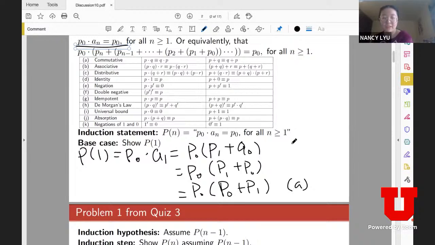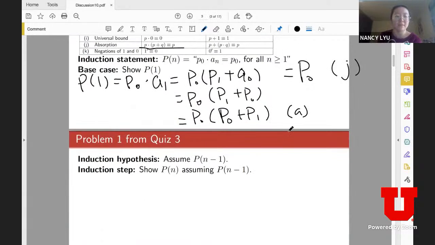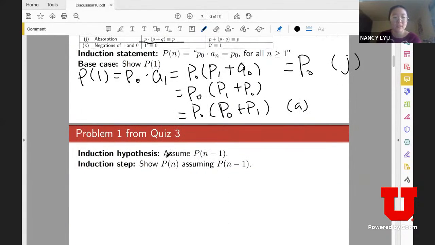And then I'm going to use absorption, which just gives us P0. Here's the absorption, this one. All right. Base case should be pretty straightforward.